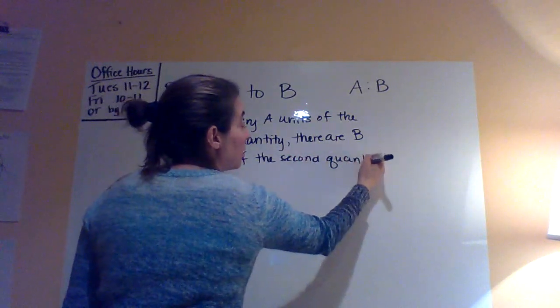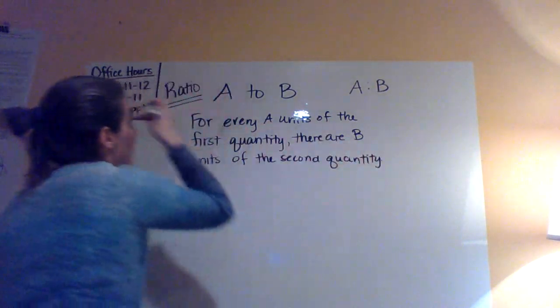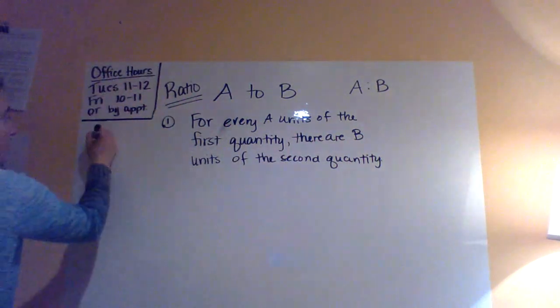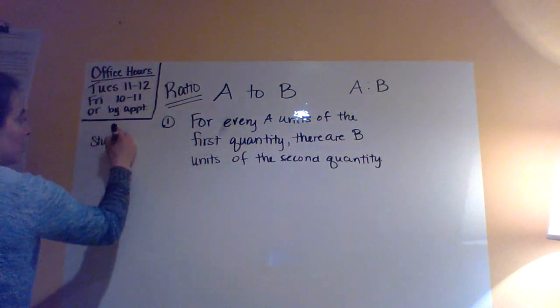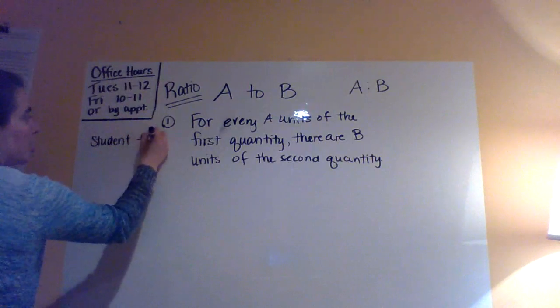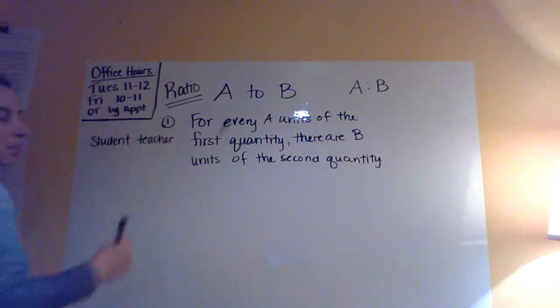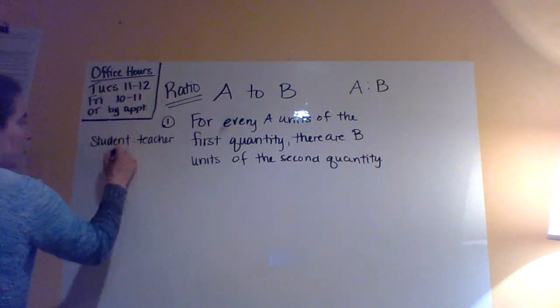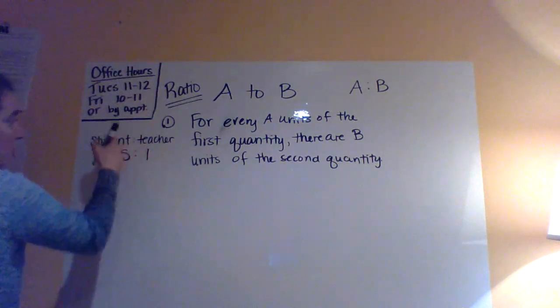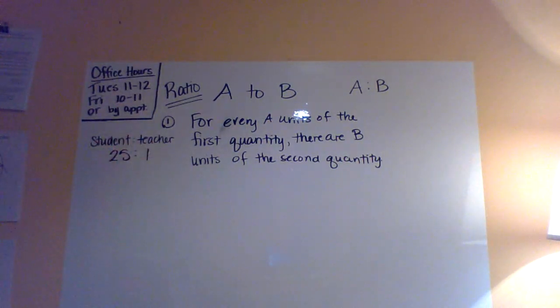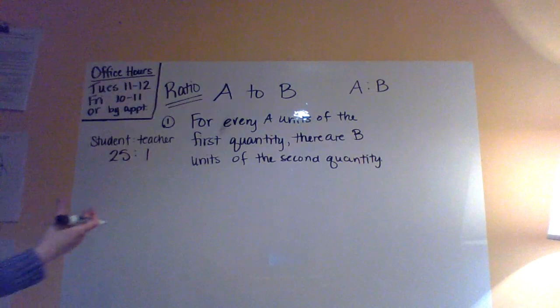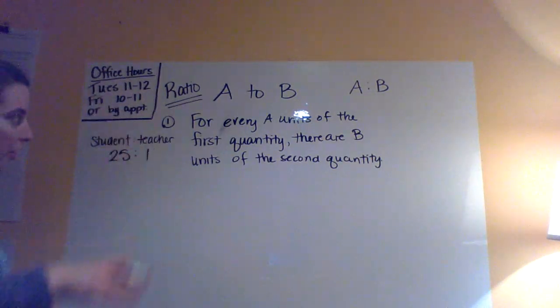And the order is important in a ratio. So if I say it's the student to teacher ratio, then if I say it's 25 to 1, the order is the order of the words. It's 25 students to 1 teacher. You can't switch, so they go together.